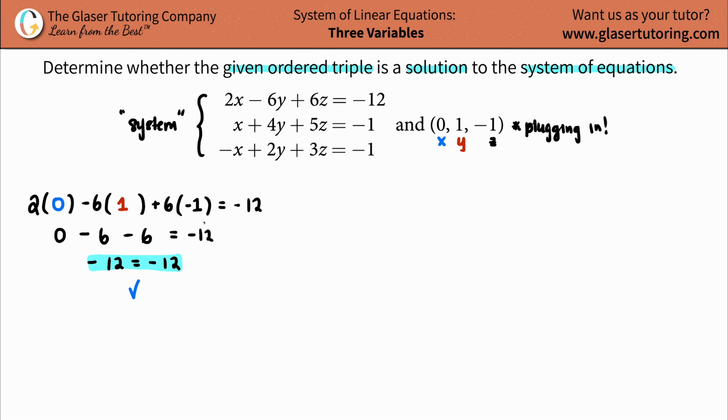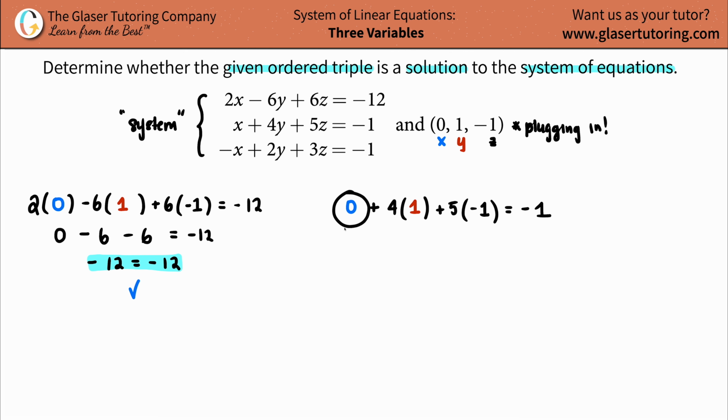Okay. Now we just have to do the other two. So for the other two, it's just x, so that would just be a 0. And then we have plus 4 times the y value. The y is a 1. And then we have plus 5 times the z, which is a negative 1. And that should equal a negative 1. Let's see.